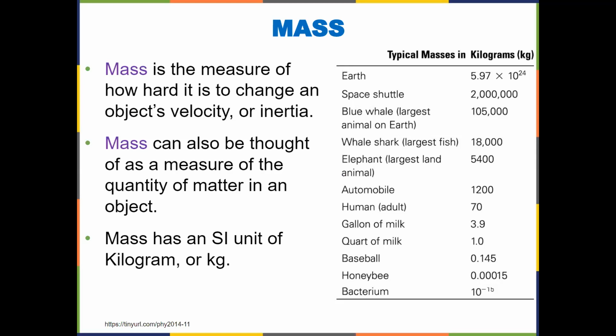Our human body is about 70 kilograms, or maybe a range from 50 to 100, but probably this is the average number. A car is roughly a ton, or more than a ton, like 1200 kilograms. So these are some of the numbers there. You don't have to memorize those numbers. They should be given, or you can look them up when you are doing your homework.